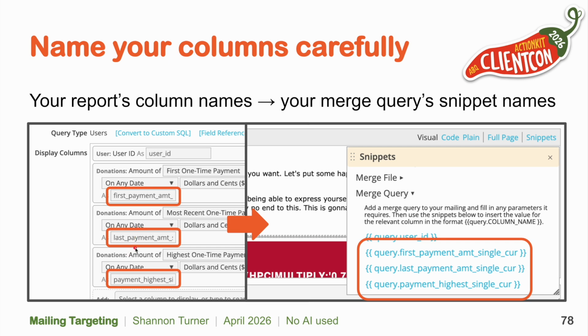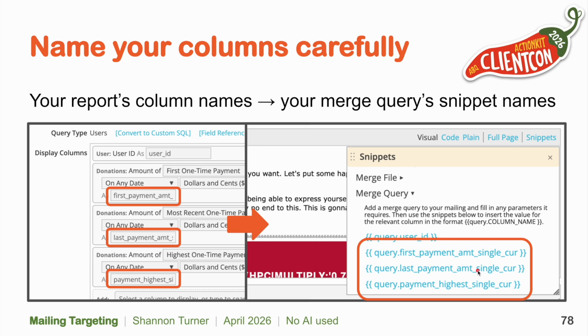And so you can do that by clicking inside of one of these boxes and then giving them a new name. And the reason for that is when you're using your merge queries personalization snippets in your mailing, here we've already added in the merge query to our mailing. We go to the snippets menu, we go to merge query. These column names are actually going to be what comes here for the snippets.